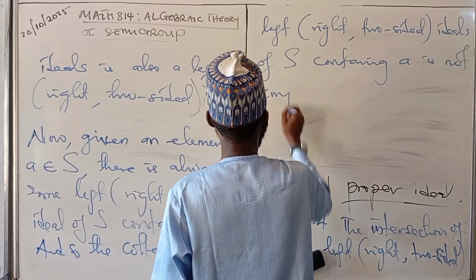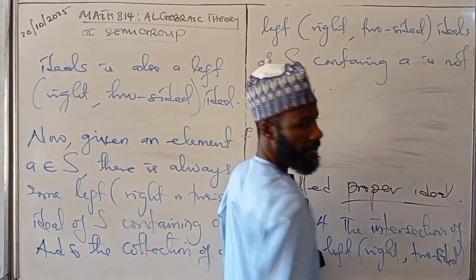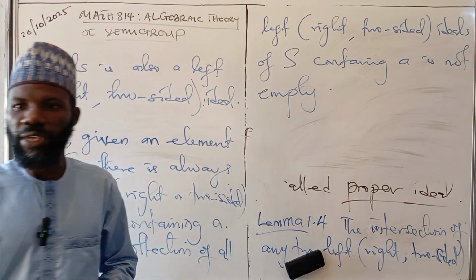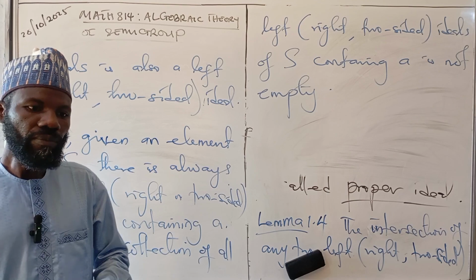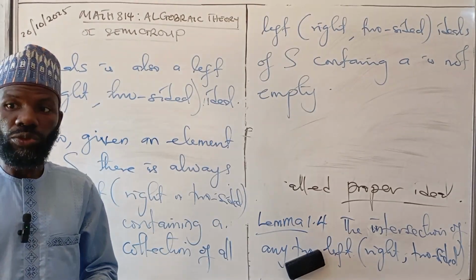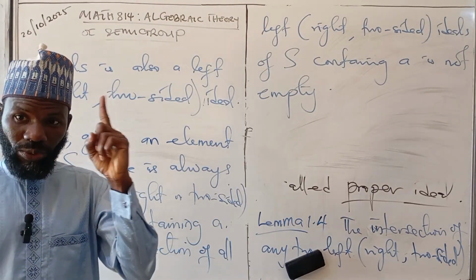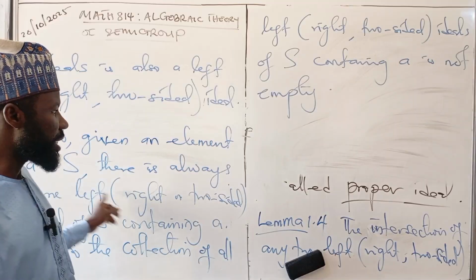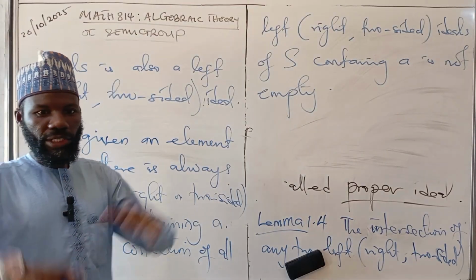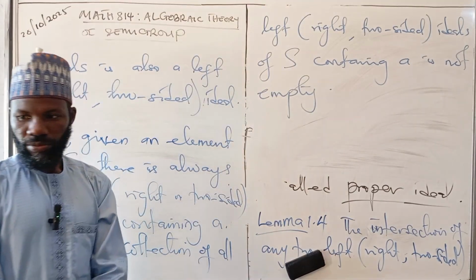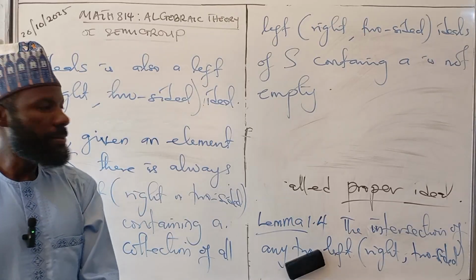It cannot be empty. Why? Because at least there is always one ideal that will be present there, namely S, the entire semigroup. Is this okay?